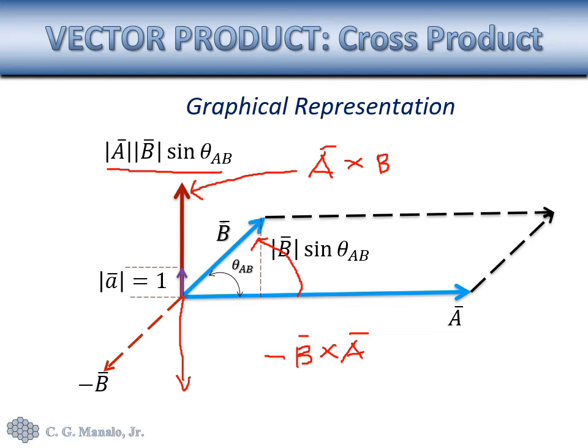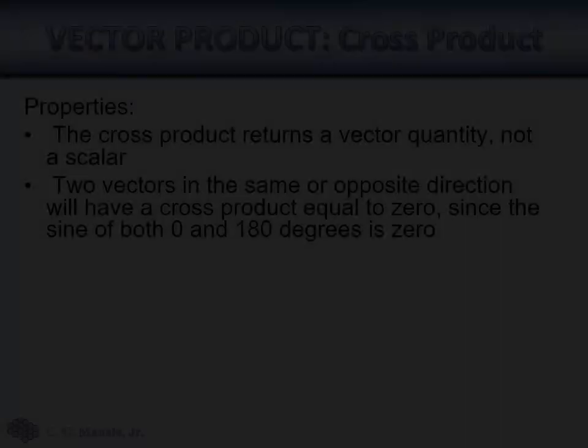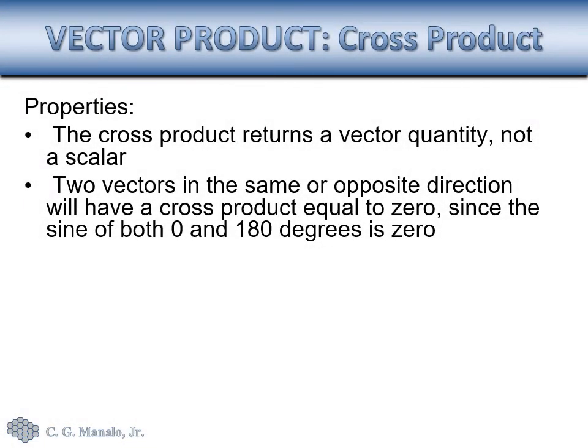So this one is actually that vector. Remember that a cross product always returns a vector quantity, not a scalar.